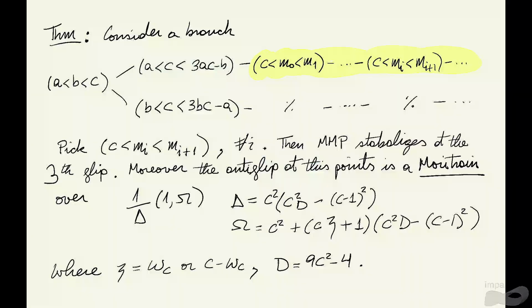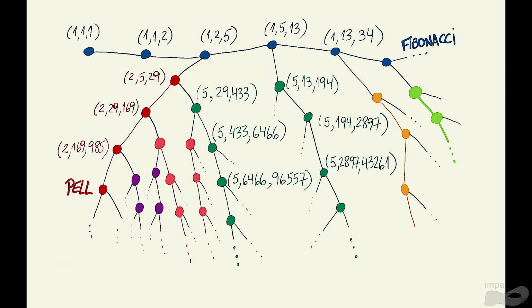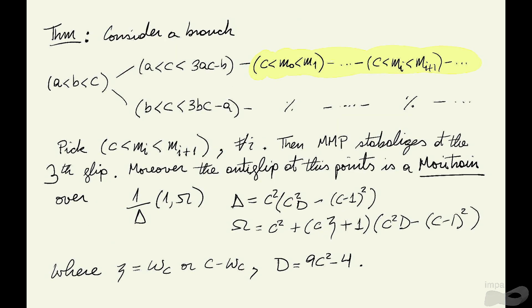So you see, when you fix a Markov number like C, you need the A and B to have this Markov triple that I will use to run MMP. But when you have this ABC, then you have 2 branches. Like the color for green, you have these 2 branches for 5. Okay? And then, pick any of these triples on this yellow part.